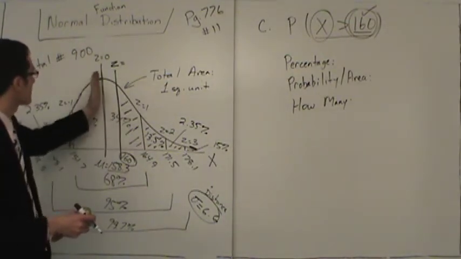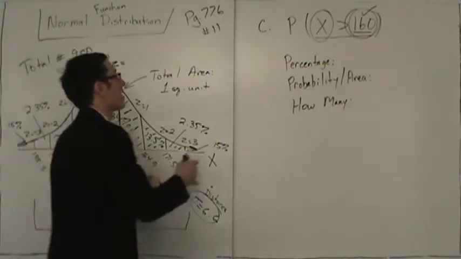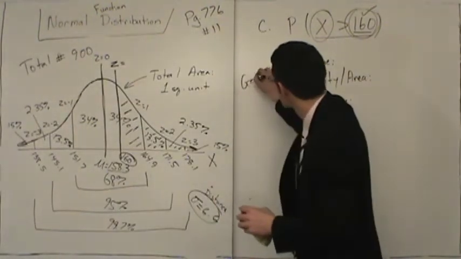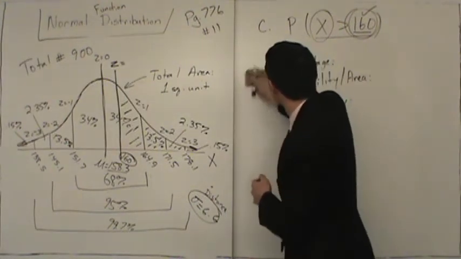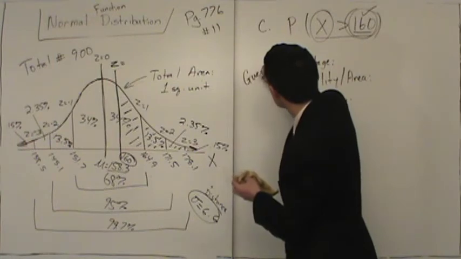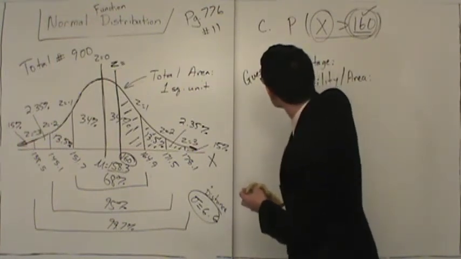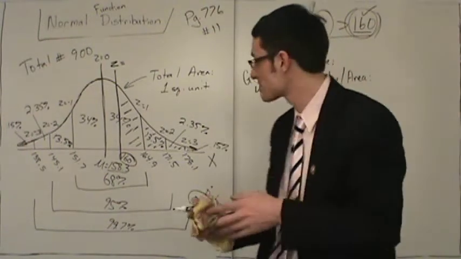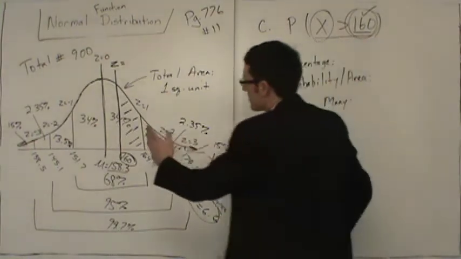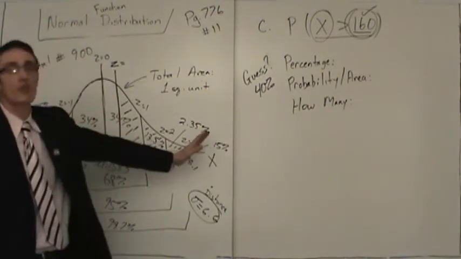So we take 50%, take out this 10%, and we're guessing somewhere around 40%. So we're to the right, and we're guessing this percentage to be somewhere around 40%.